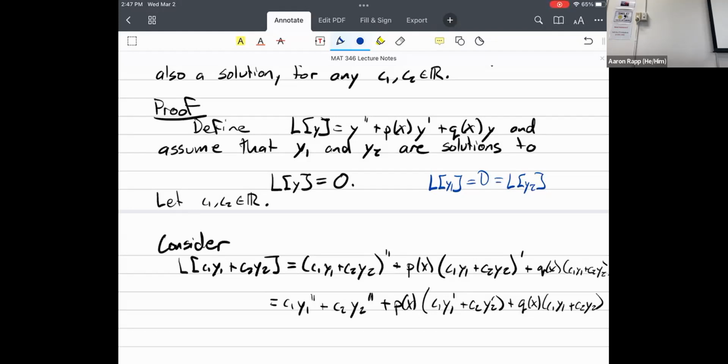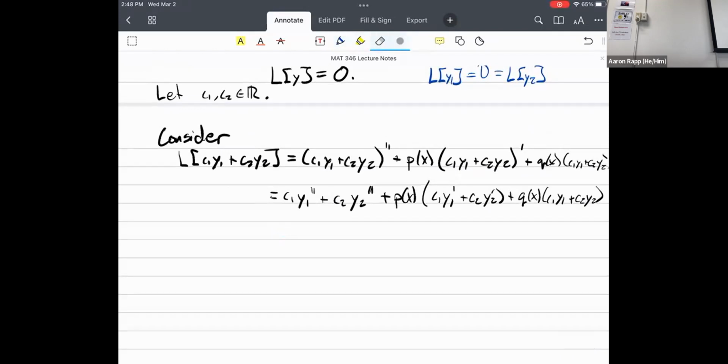Which means, thinking back to how we define this function L, if I can see appear the second derivative of y1 plus p times the first derivative of y1 plus q times y1, that linear combination of those three terms, I know that it's going to be equal to 0. Same thing for y2. Still going to be equal to 0. And do I think I can probably get that from what we have written here? Absolutely. Distribute the p and q through.